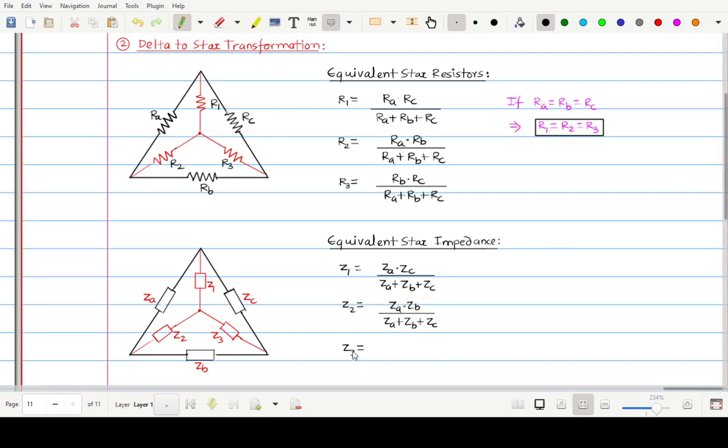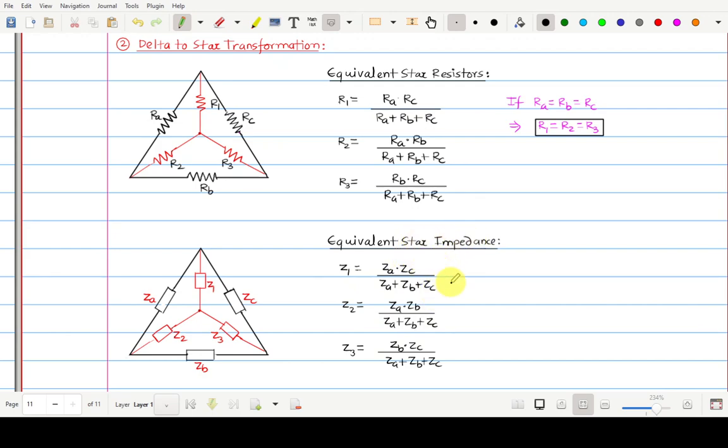For Z3, the nearest impedances are ZC and ZB, so ZB into ZC divided by total impedance. The denominator will contain the addition of all impedances or resistances, and the numerator will contain the multiplication of nearest impedances. By using this trick you can find any equivalent star impedance.